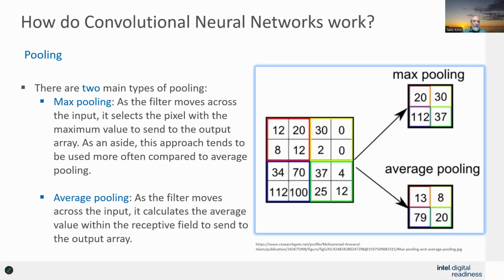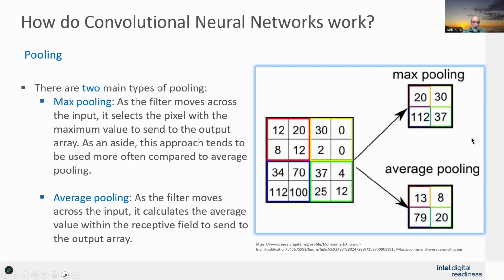There are 2 approaches, basically. And there's not only 2, but these are the main 2 that people use. They either look at each one of the boxes here and look for the max value, right? So for example, if I take this first collection of 4, what am I finding for max? 20. So that's the output. What am I finding for max? 30. What am I finding for max? 112, right? Or I can average the results. I can take all of these and average them and come up with a result, but there's a pooling of the values.